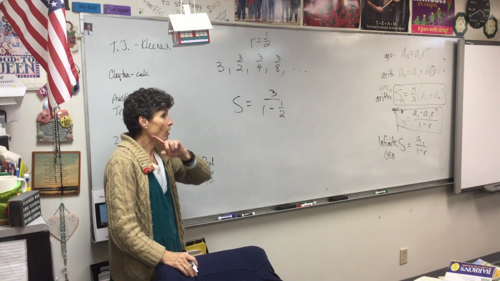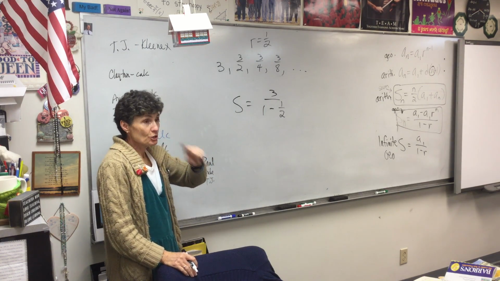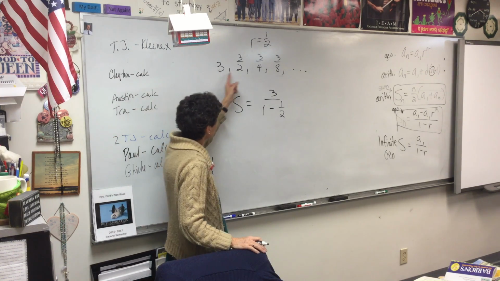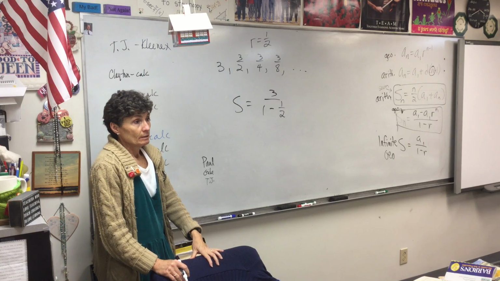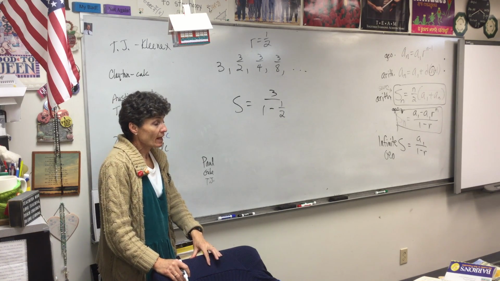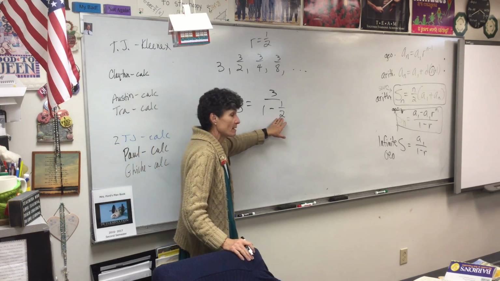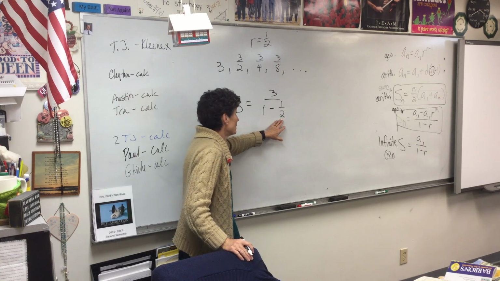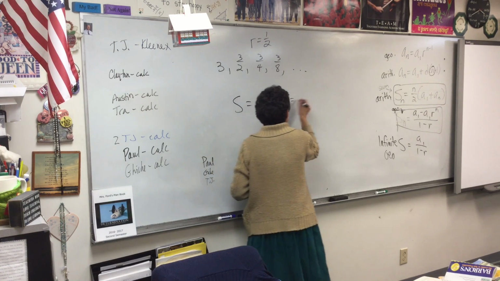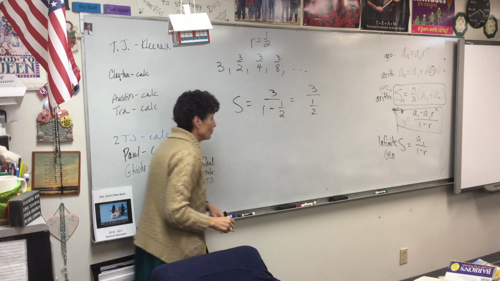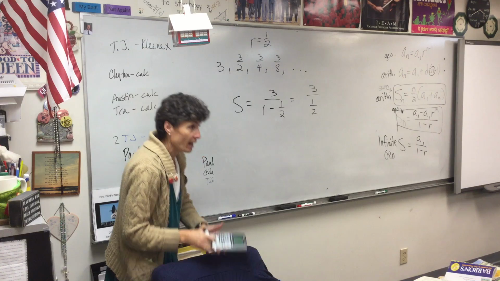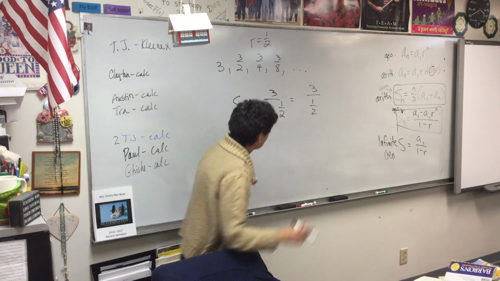Now you are all smart people. You can figure out that to get from here to here to here to here, you're timesing by 1/2. You have to figure that out so that you can plug that number into the formula. What's 1 minus 1/2? 1/2, 0.5. So we're going to do 3 divided by 0.5. 3 divided by 1/2.